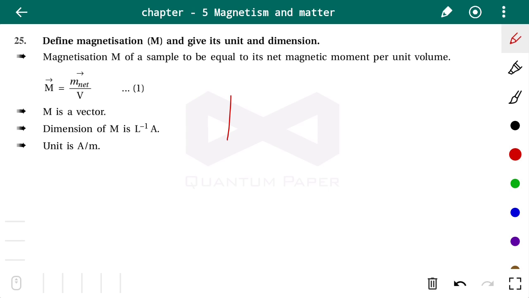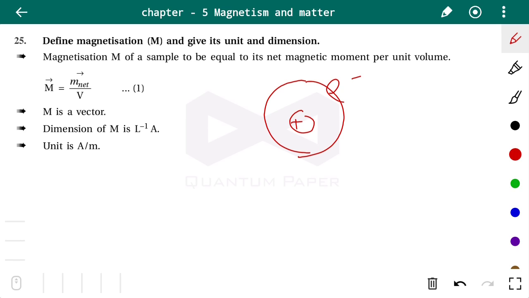Now, suppose we consider a material, and there are a number of atoms in it. If we consider only one atom, there is a nucleus and around it the electrons are orbiting.